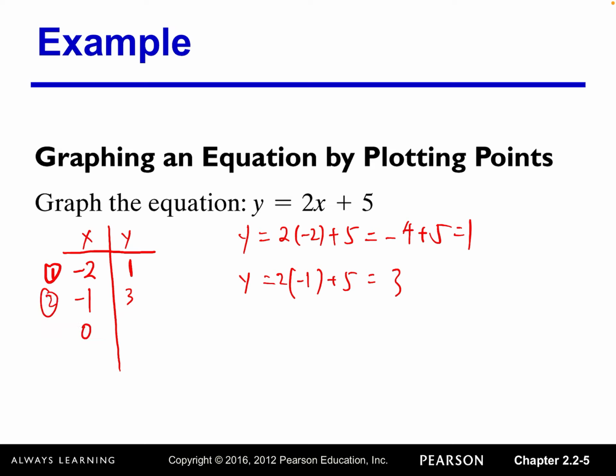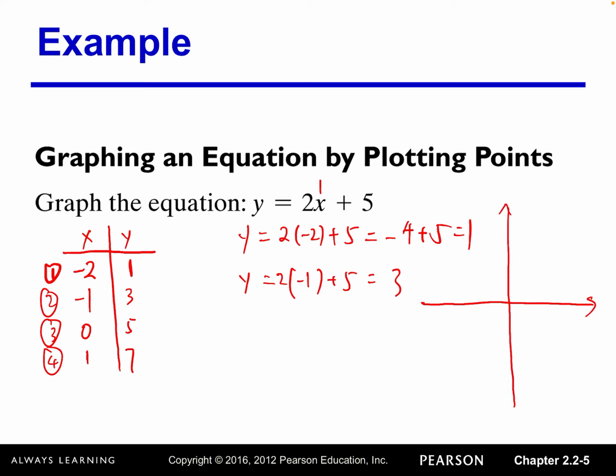Then let x be 0, that's easy to evaluate, y equals 5. Then let x equal 1, and plug in x equals 1, and evaluate y equals 7. So we can easily find the 4 points, right? 4 ordered pairs.